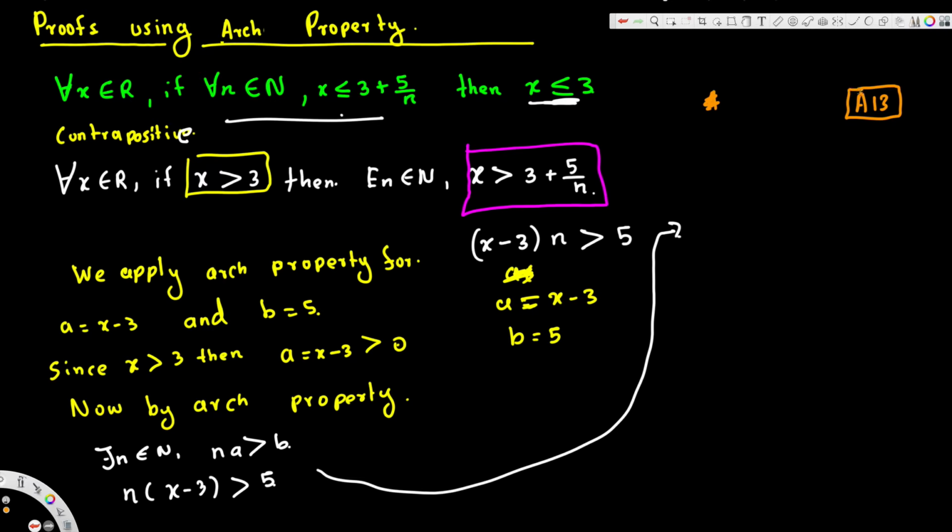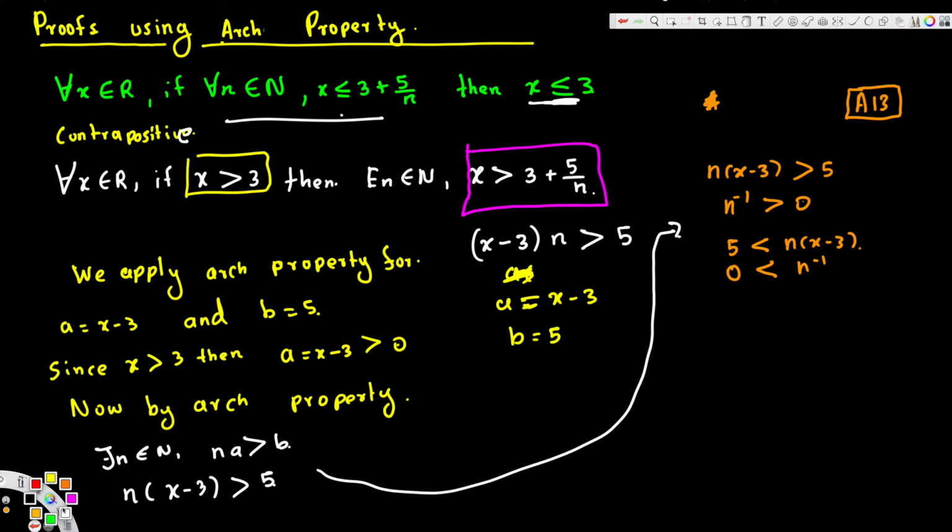Axiom number 13 says when you have two comparisons, like n times x minus 3 greater than 5, and we also know n inverse is greater than 0, because if n is greater than 0, n inverse is also greater than 0. In axiom number 13, we always put it the opposite way, with less than: 0 is less than n inverse, and 5 is less than n times x minus 3.